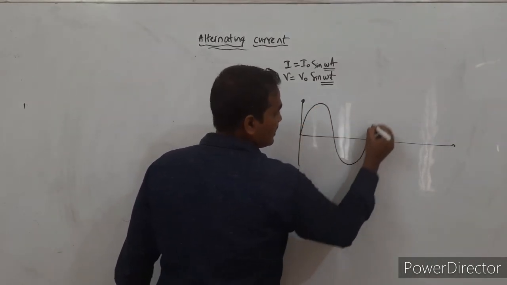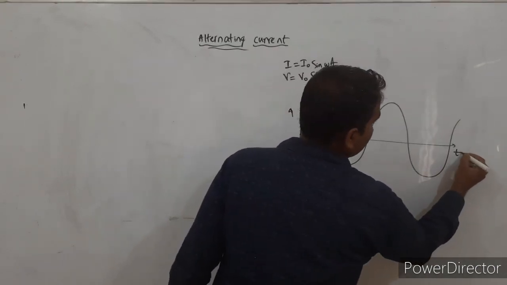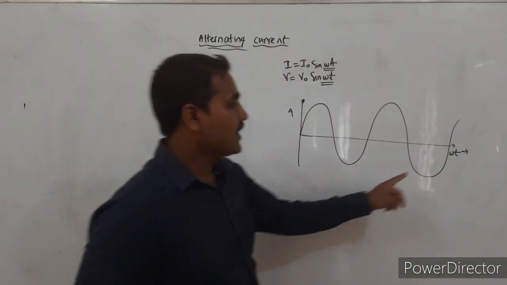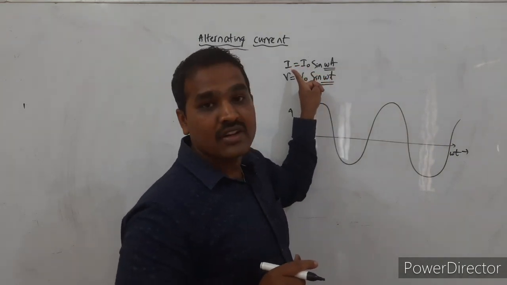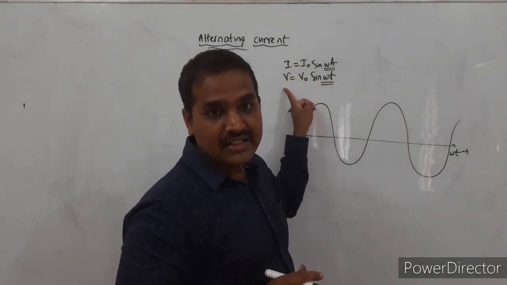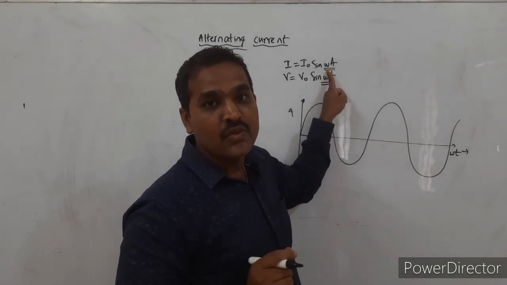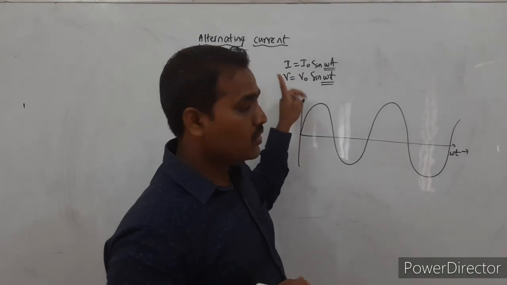Let us plot the alternating current along the y-axis and time along the x-axis, or we can plot omega t along the x-axis. If I know the value of omega t, I can know the value of instantaneous current or instantaneous voltage.